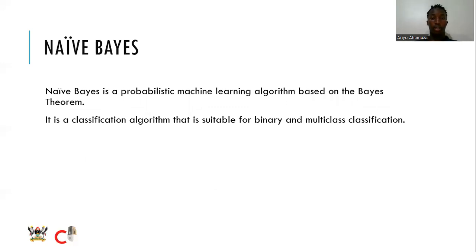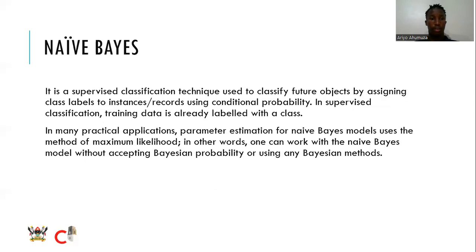Naive Bayes is a probabilistic machine learning algorithm that is based off of Bayes' theorem. It is a classification algorithm that is suitable for binary and multi-class classification. I'll go into this more in the next slide. It is a supervised classification technique that is used to classify future objects by assigning class labels to instances using conditional probability. This is where we apply Bayesian theorem.